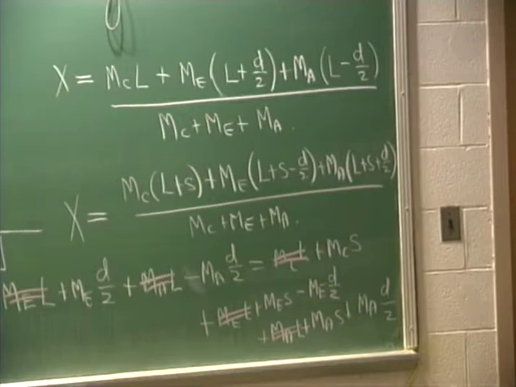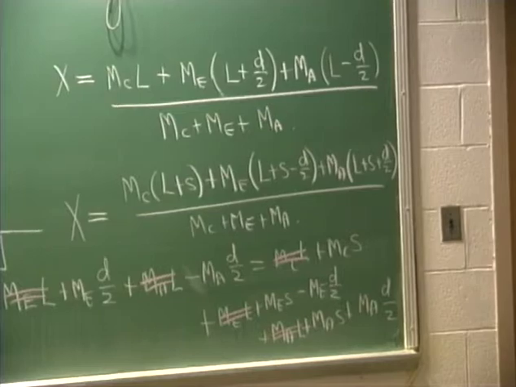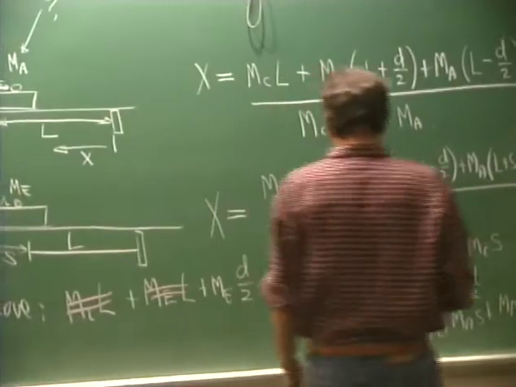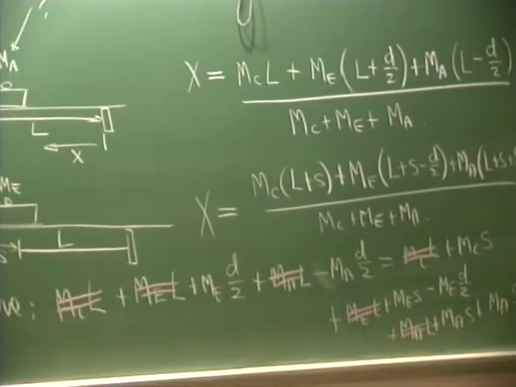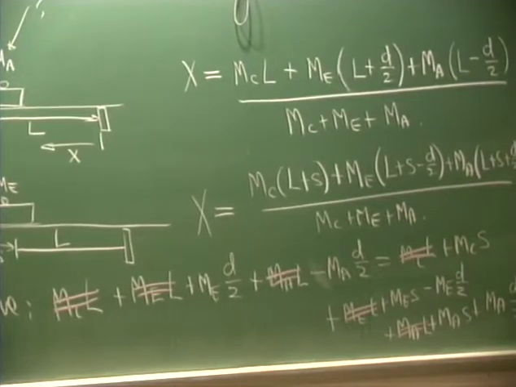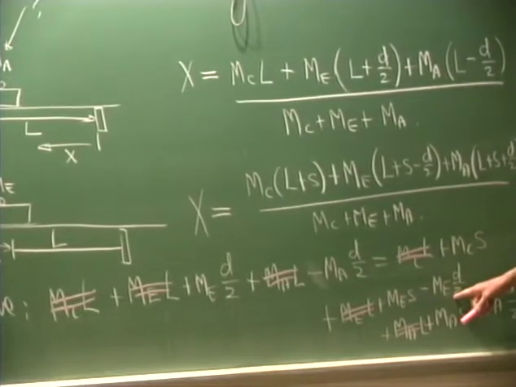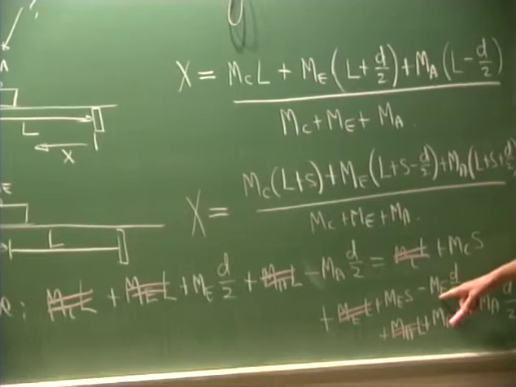Notice that L has completely disappeared from the problem now, because they never told us how far the canoe was from the stick. All they said was that it changed its location relative to the stick by that amount. Anything else cancel here? ME times D over 2. Well, here I've got an ME times D over 2 with a minus sign.